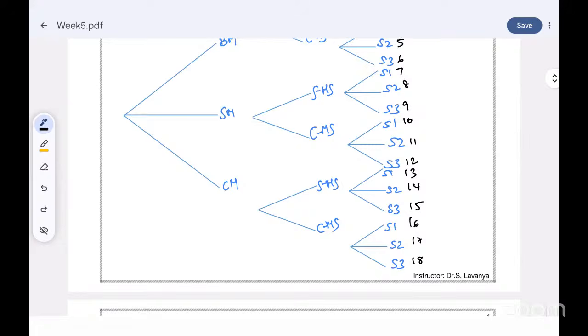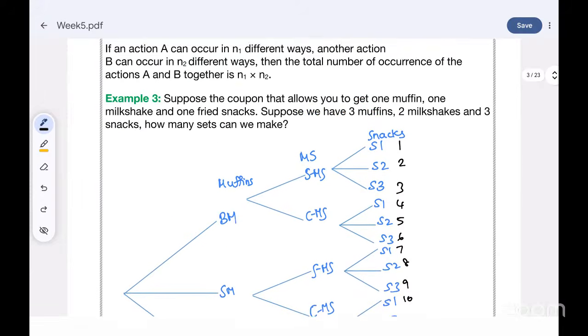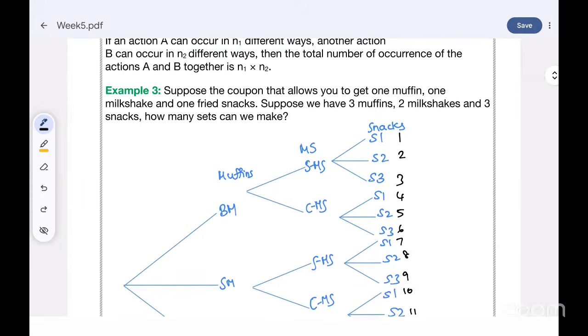So we have 18 different ways of choosing one item from each of these categories.